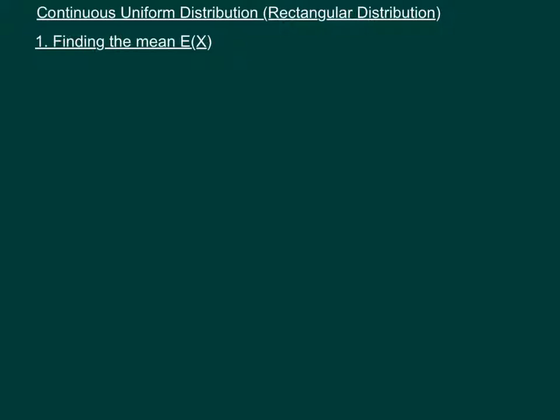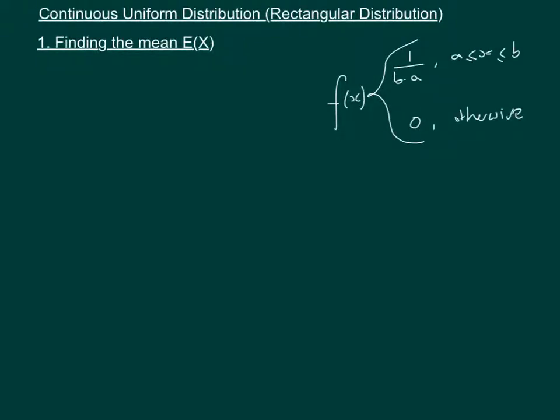Now all of these formulas that I'm about to show you are in the formula booklet in the exam, so they're very easy to remember, and in fact they're very easy to apply as well. So I'm just going to set up a random variable. So we have 1 over b minus a when x is between a and b, and the graph of that is going to look something like this.